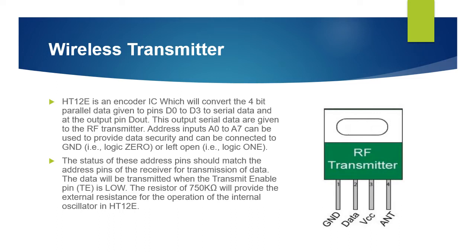This serial data are given to the transmitter, and address inputs A0 to A7 can be used to provide data security and can be connected to ground. The status of these address pins should match the address pins of the receiver for transmission of data. In this RF transmitter, we are having 4 pins, which is a ground, data, VCC, and the A and T represents the antenna.